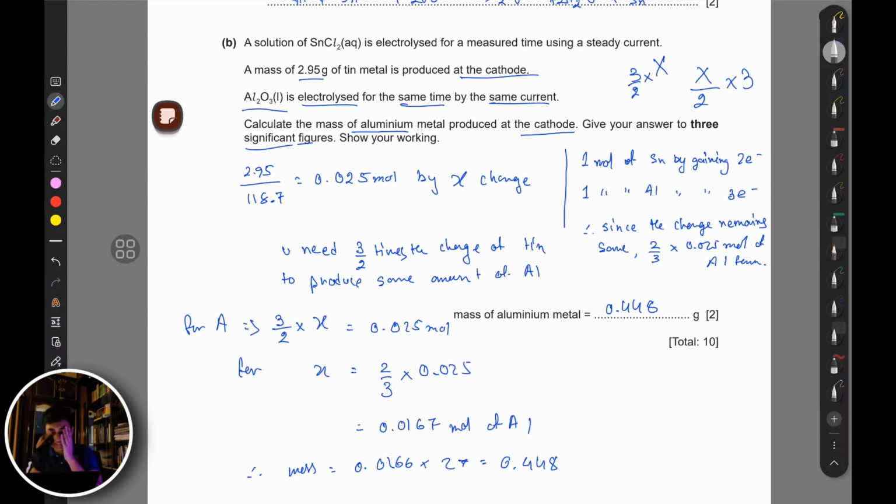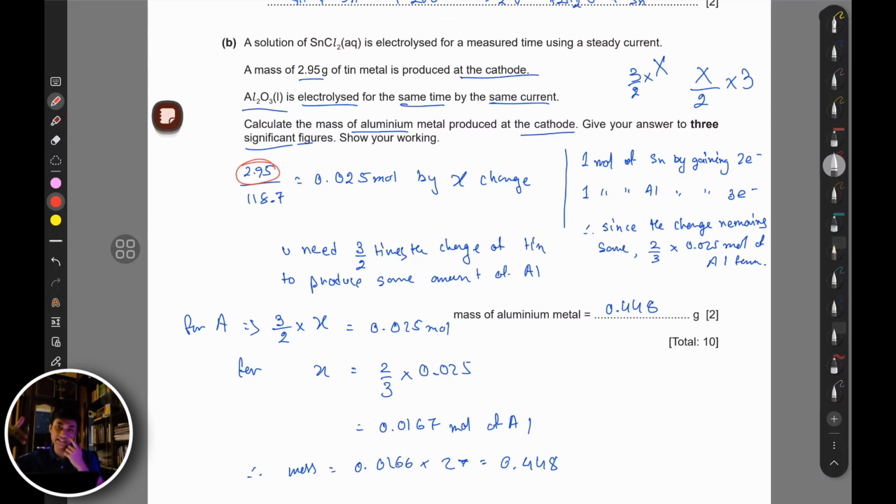Okay, so they're telling you that for a certain amount of charge, let's consider it X, this mass of tin is deposited.